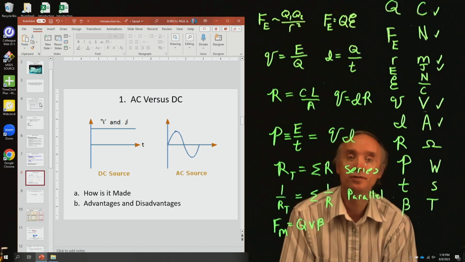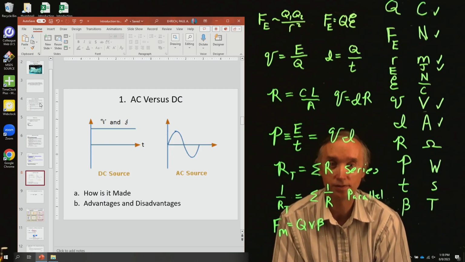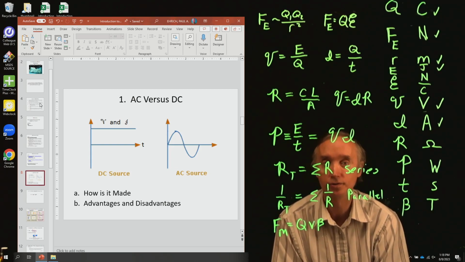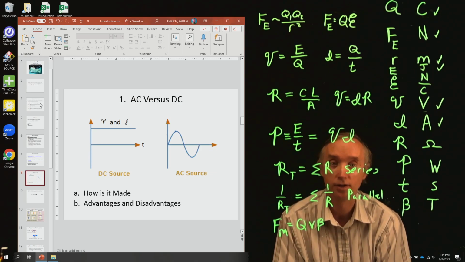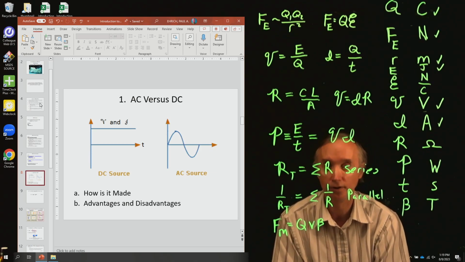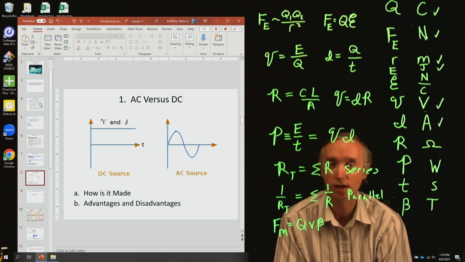All right, first you got to know the difference between AC and DC. AC is alternating current and DC is direct current. In direct current, both the voltage and the current do not change with time. With AC, they do.